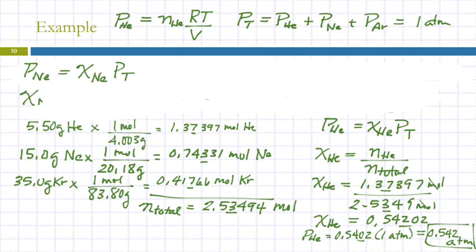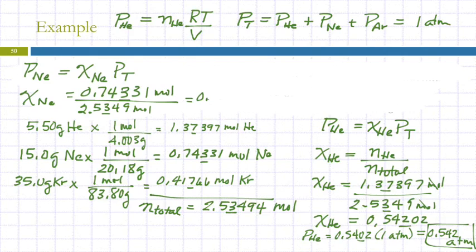So the mole fraction of neon is the moles of neon, 0.74331 moles, divided by the total number of moles, 2.5349 moles. 0.29323, that's the mole fraction.